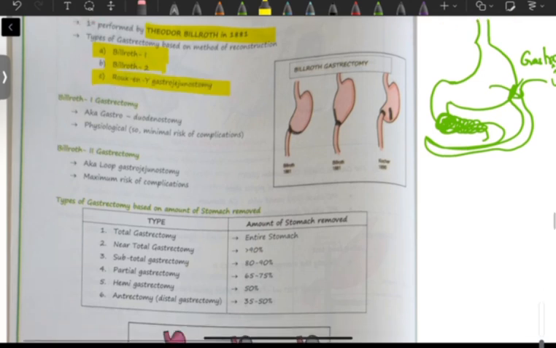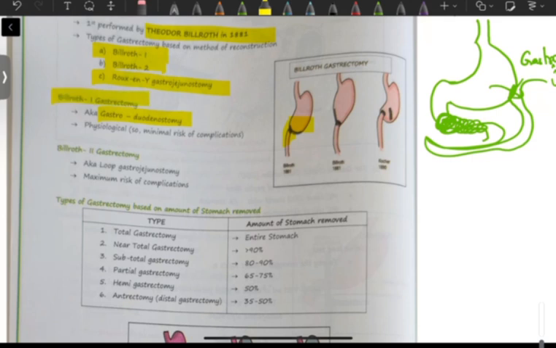So what is the difference here? Billroth 1 gastrectomy is also called gastroduodenostomy. We take out some part of the stomach and connect it with the duodenum. This is gastroduodenostomy or Billroth 1 gastrectomy.